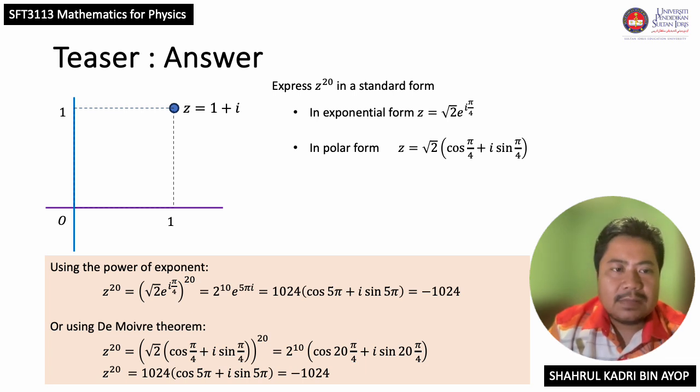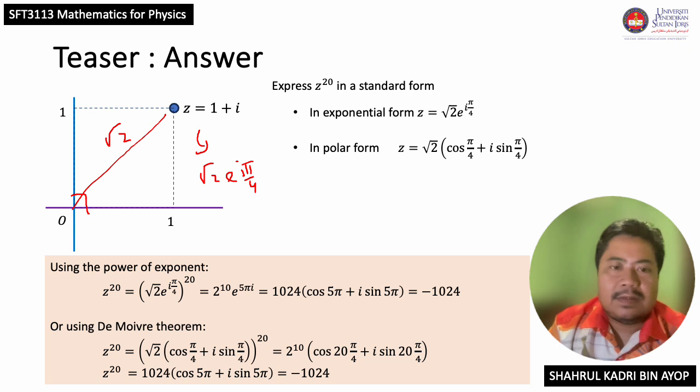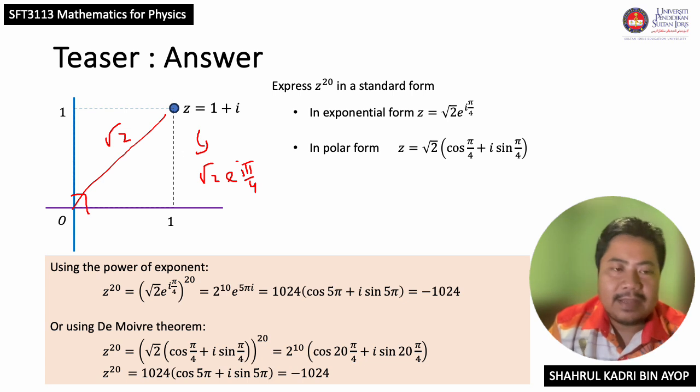Here this can be represented as 2 exponential minus i pi over 4, because this is pi over 4 and this is just 2. So we can immediately use the exponential form from the Argand diagram. And then we make it a power of 20.